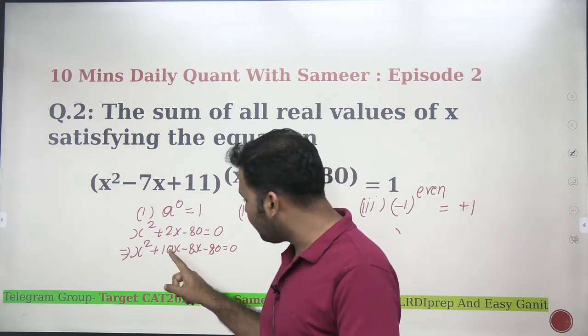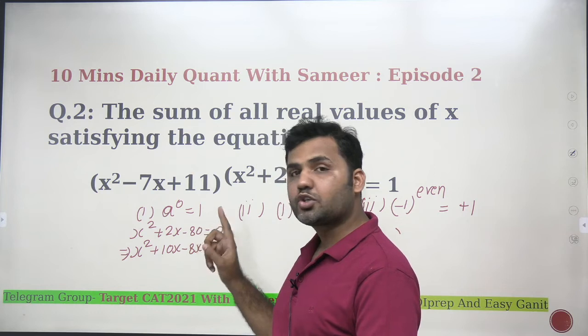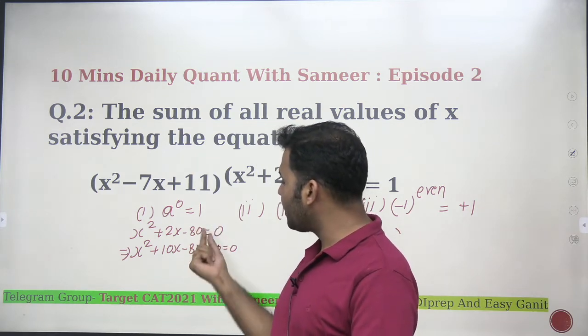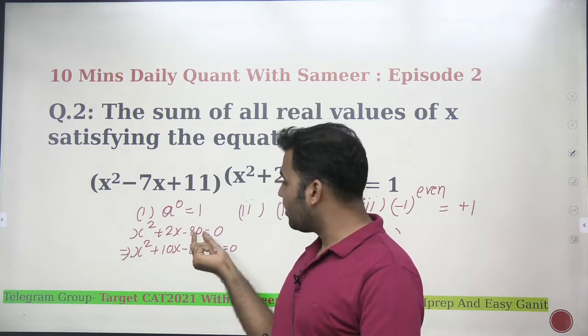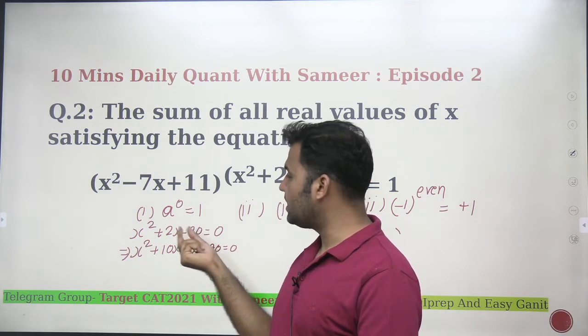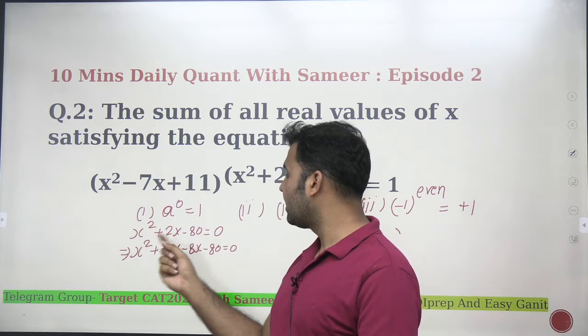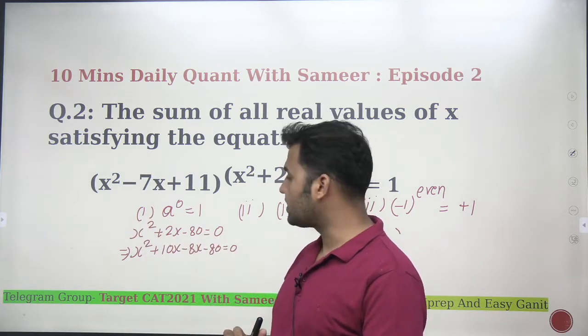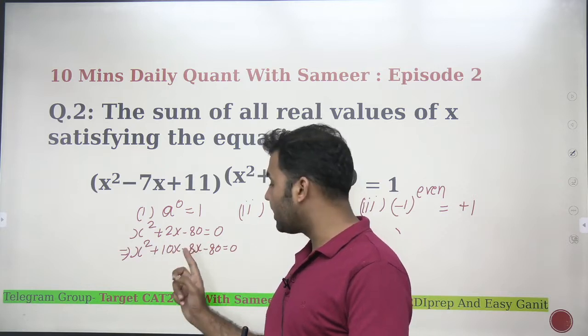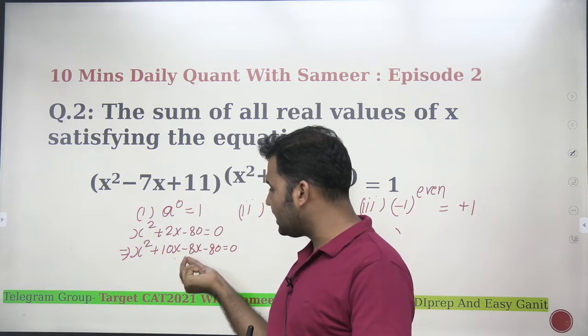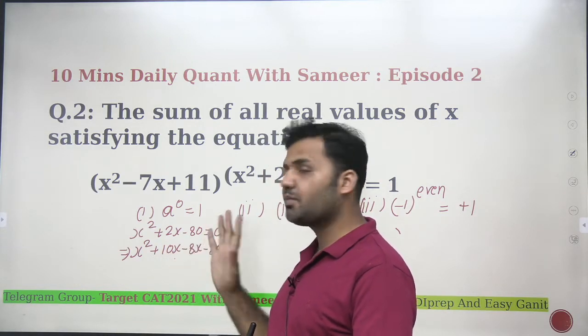But then the multiplication of these two values should be equal to the coefficient of constant term and the coefficient of x square. Now the coefficient of constant term is minus 80 and the coefficient of x square is 1. So the multiplication of this will be minus 80. I need to break 2x in such a way that the coefficient of both of these two values when multiplied should be equal to minus 80.